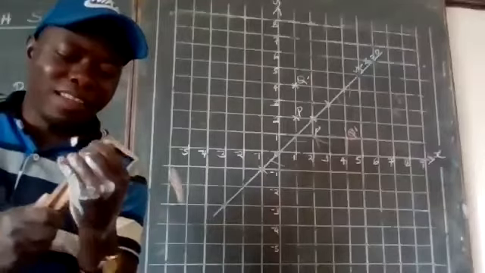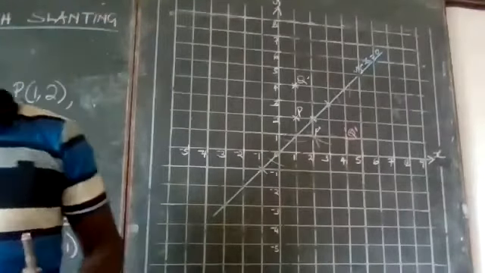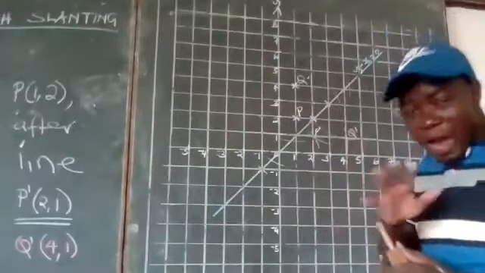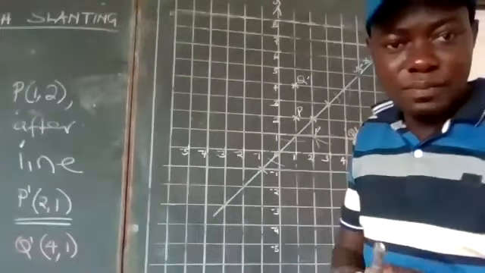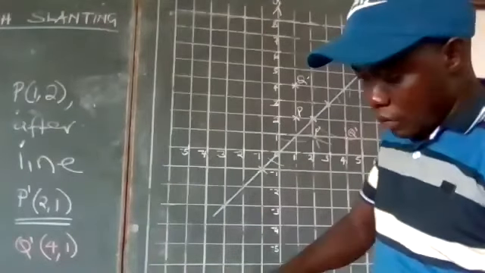Now, in most cases, these points are exact. If you fail to get the exact, you get to know that you have not been accurate. So we redraw. If you use the pen and you find out it's not accurate, you just redraw the whole thing.